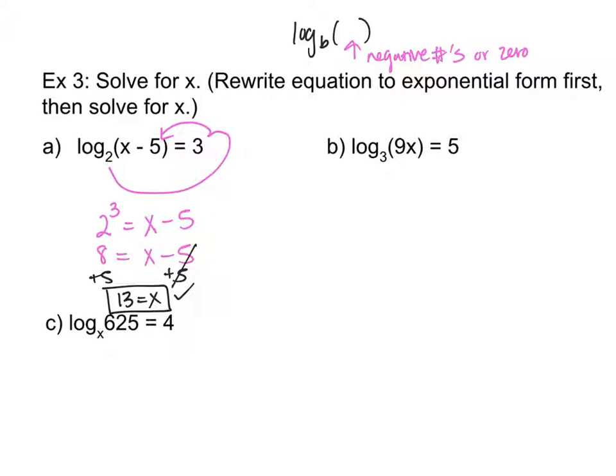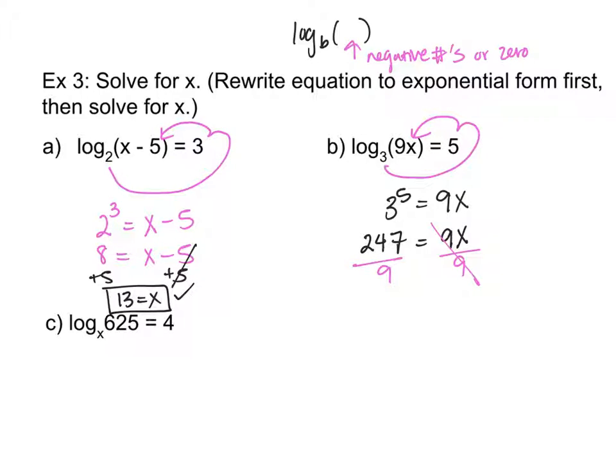So let's try B. We're going to do the heart trick. We're going from 3 to 5. So this is going to be 3 to the 5 equals 9x. Well, 3 to the 5th power here, I believe, is 247. And that equals 9x. And then I would have to divide everything by 9 to get the x by itself.